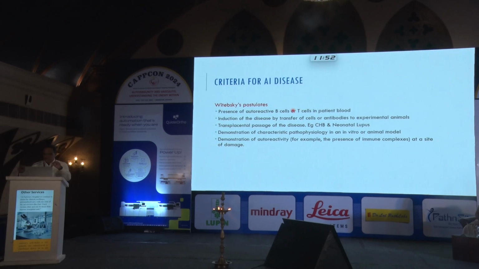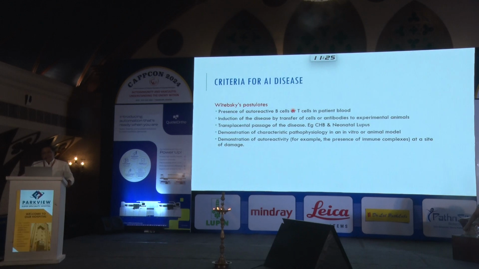The transplacental passage of the disease is one very important manifestation of autoimmunity, and I'd like to highlight an example here: the congenital heart block and neonatal lupus that is associated with anti-Ro and anti-La, or the SSA and SSB antibodies. This is a very important clinical situation we have to be aware of. We know that SSA and SSB are associated with Sjogren's syndrome, right?